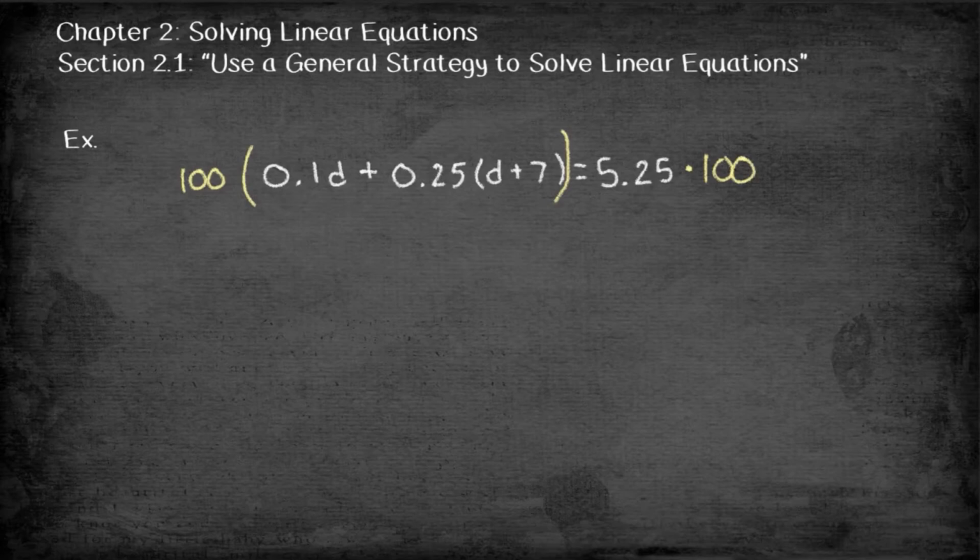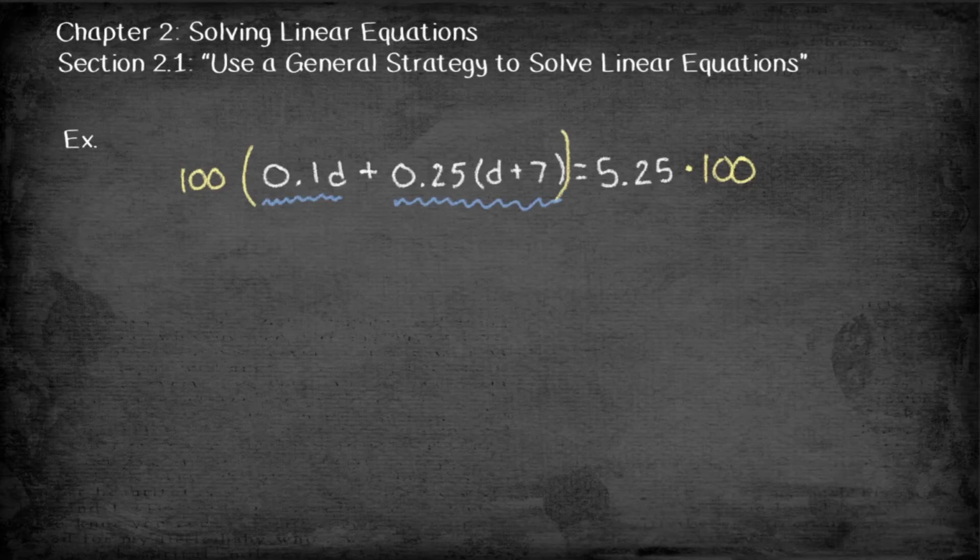Now here's something that can trip you up. Terms are separated by addition. So inside this pair of parentheses, I have 2 terms, this 0.1 times d and this 0.25 times d plus 7. So even though there's a plus sign here, it's being multiplied by 0.25. So since these guys are smushed together with multiplication, it's really just counting as one term.